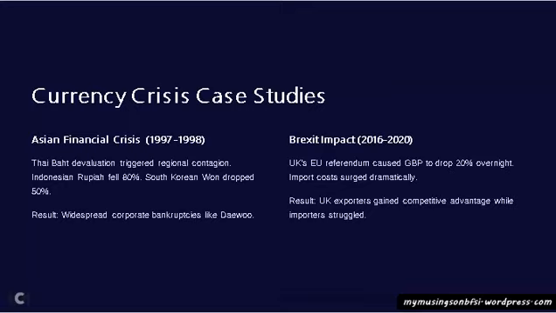The currencies like the Indonesian rupiah collapsed by 80%. The Malaysian ringgit and South Korean won lost a significant value. Businesses were facing skyrocketing import costs, and were having a problem of inability to pay foreign debt.